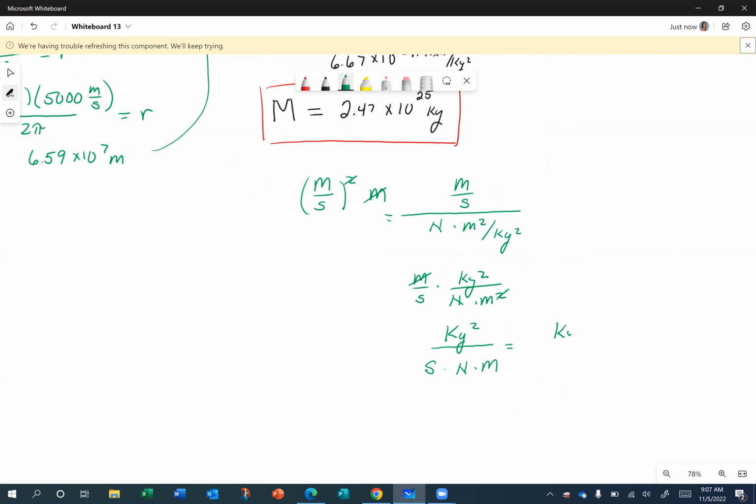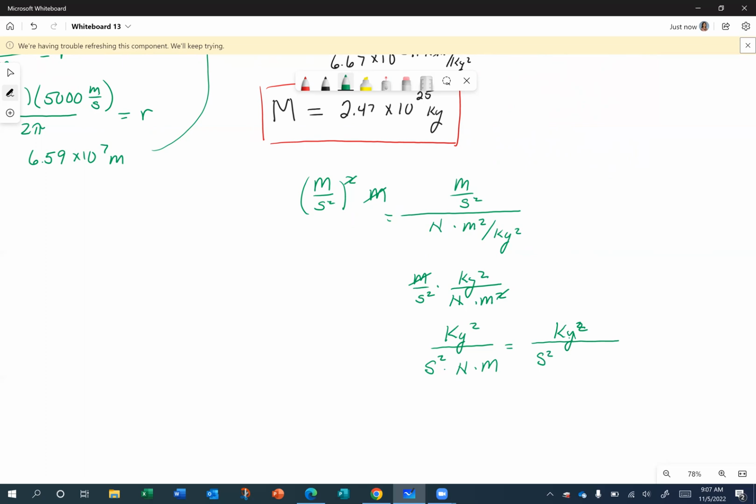I think I'm missing something here. This second should still be squared, because we just crossed out one of those. That should stay squared. There we go. So we get kilograms squared all over seconds squared.